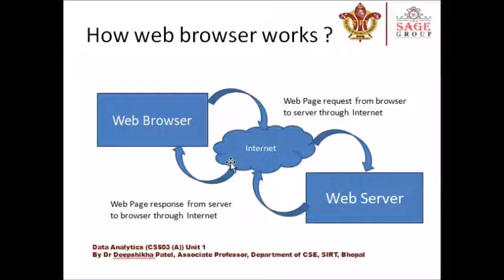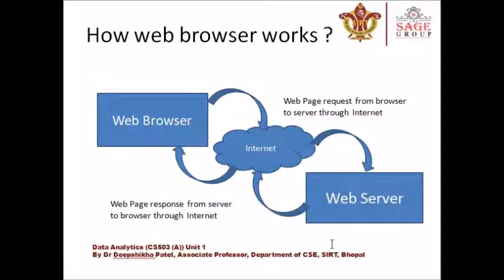We will also discuss this in detail, how they establish it, step by step. Then the web browser requests a web page from the web server, the server from where he or she wants to access some pages, data, files, or any resources.